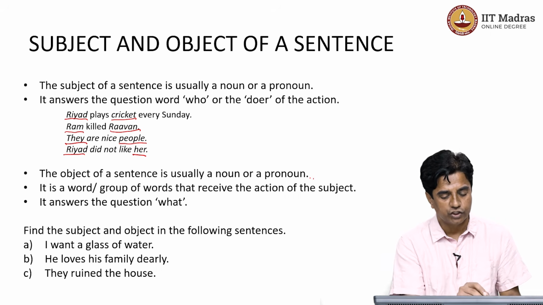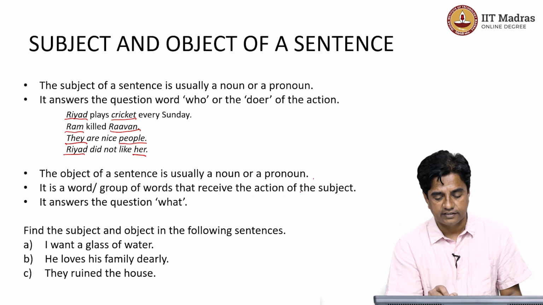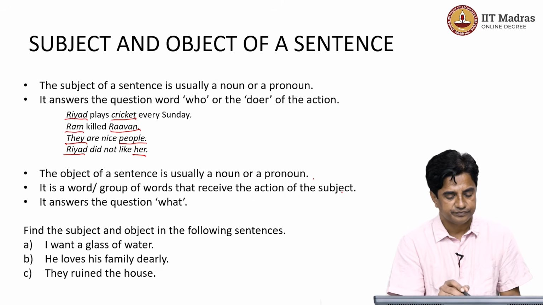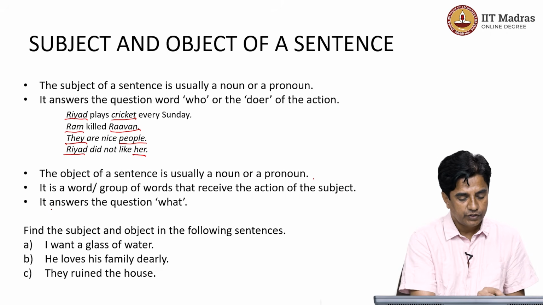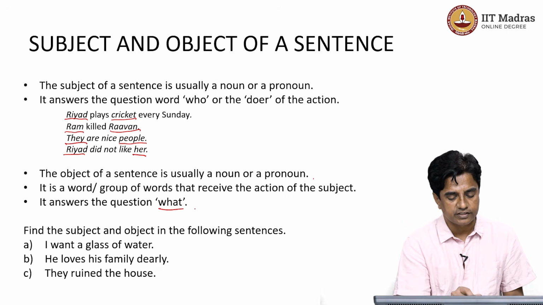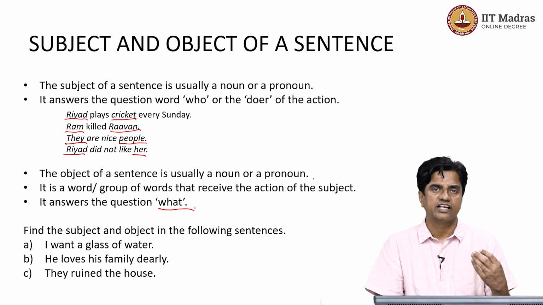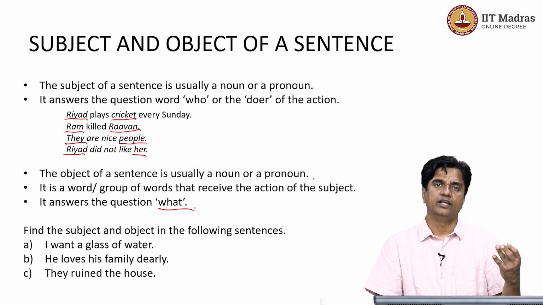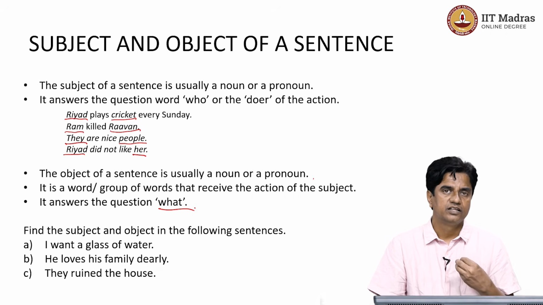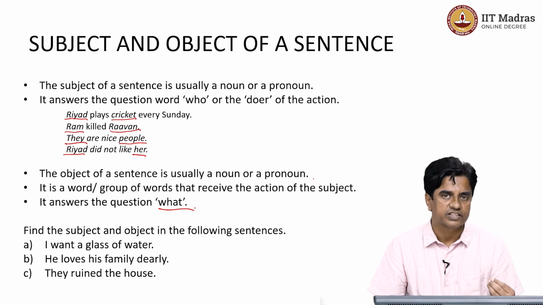It's a word, or it could be a group of words, that receives the action of the subject, and it answers the question, what? Like we have seen about adverbs, which answer questions like how, why, when, etc. The answer to the question what is always an object.